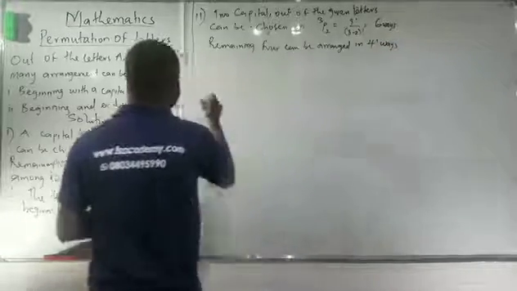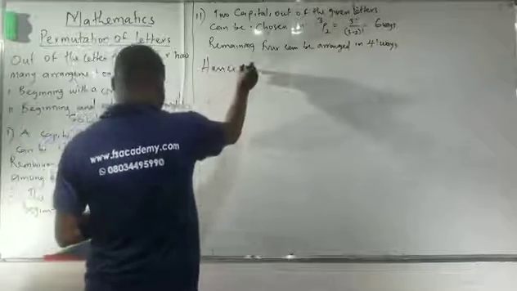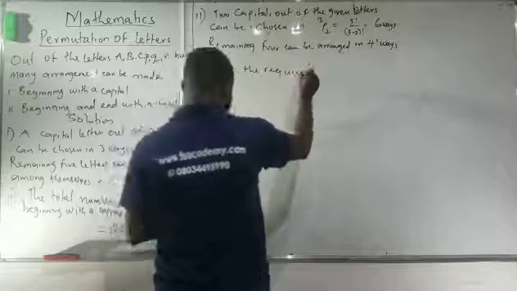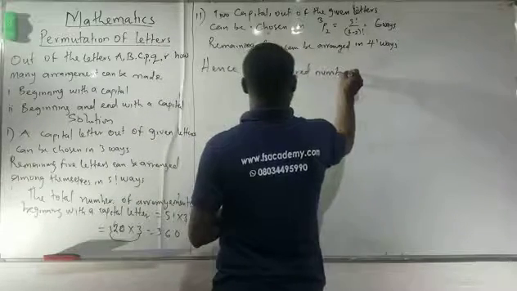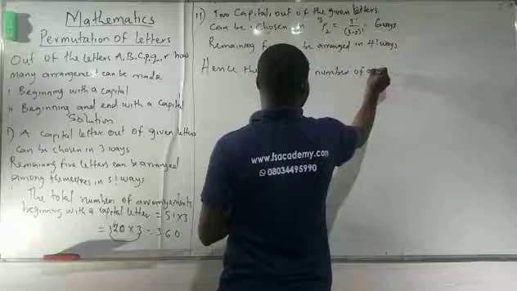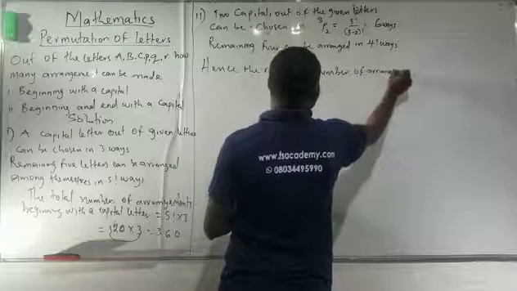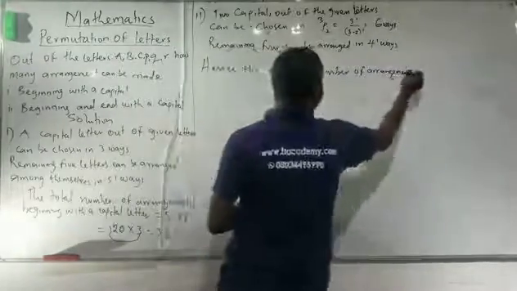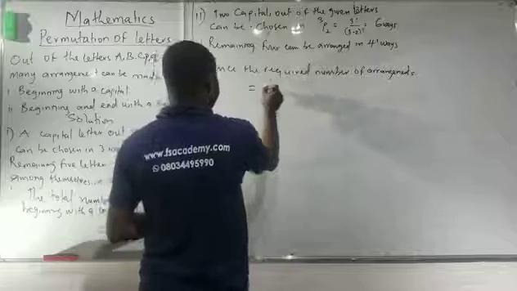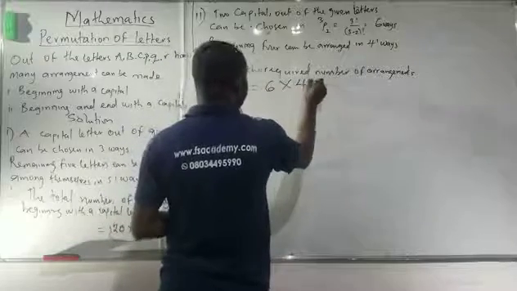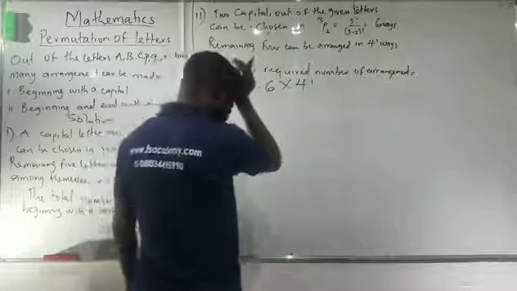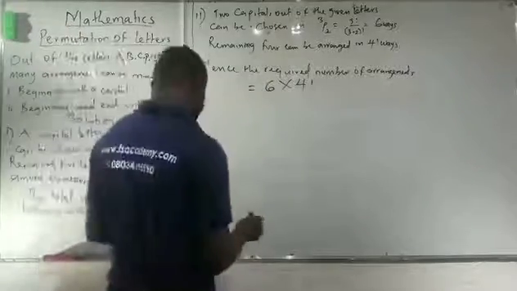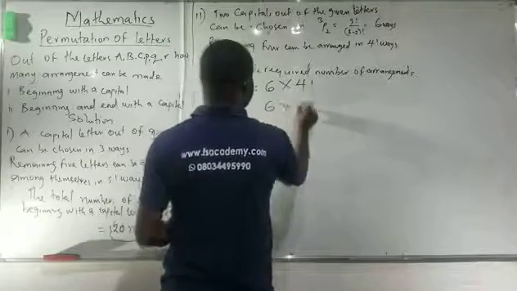That is to say, hence, the required number of arrangements will be equal to 6 multiplied by 4 factorial, which is 4 times 3 is 12, it will be 24, which is 6 multiplied by 24.